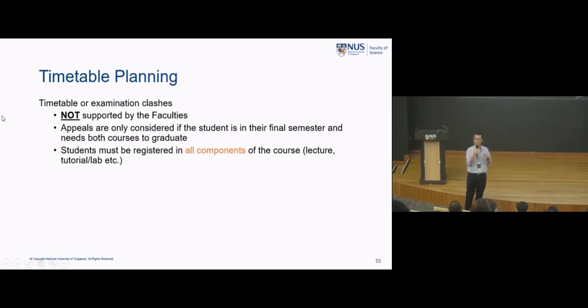Because we want you to have the full experience of taking these two courses, not take two courses but can only attend one course lecture because the other one is happening concurrently and I can't go. Get your money's worth. Take 5 courses, go for all the lectures, all the tutorials, all the labs and everything. All right? So most of the time, we will not approve any appeals to do courses that have timetable clashes.